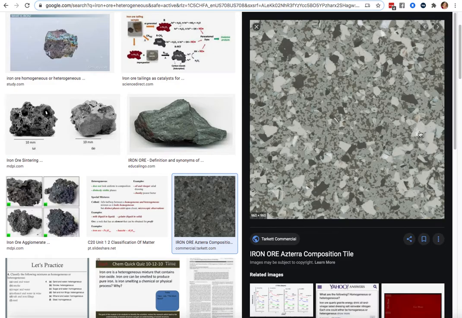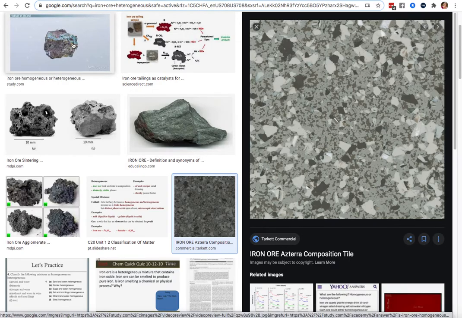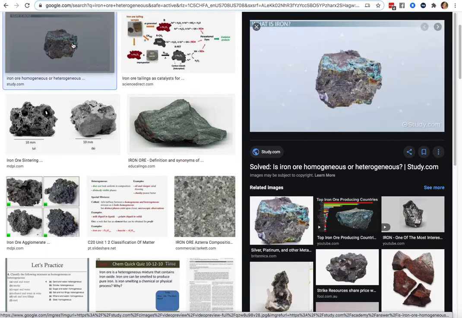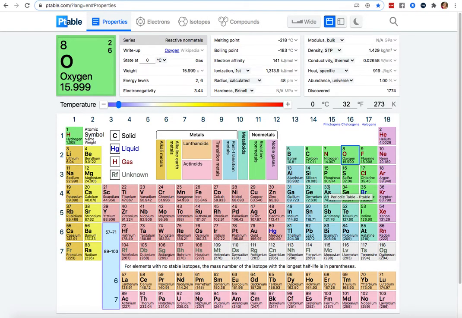But since you can see the different parts of it that are different colors, that's one thing that makes it identifiable as being heterogeneous, different in different places. And then here's another image where you can kind of see the non-uniform colors in it, and that is another indication that it is heterogeneous, not the same everywhere.